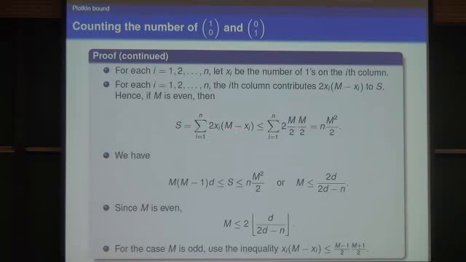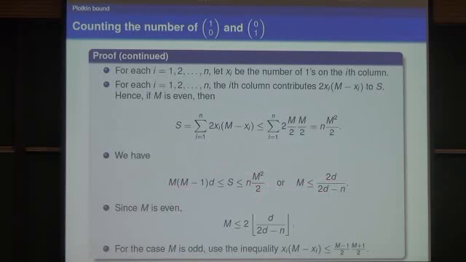And this is upper bounded by a half of m. Let's assume m is even to make it simple. So this is less than or equal to half of m times half of m. Combined with the previous one, we get this inequality, and from here we get this one.